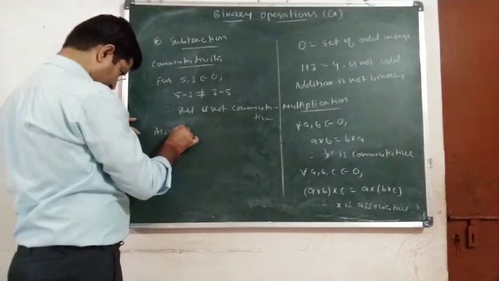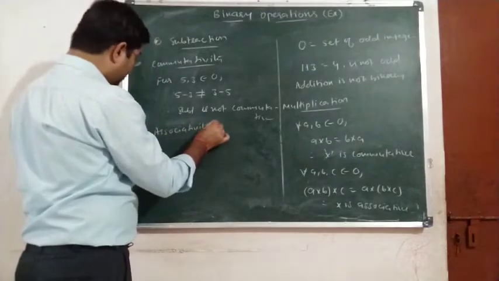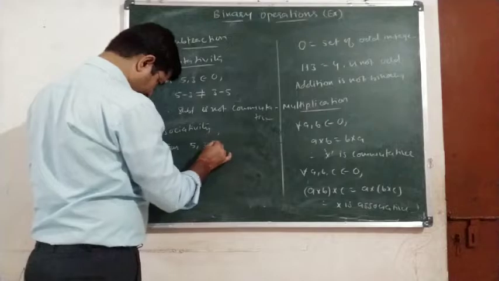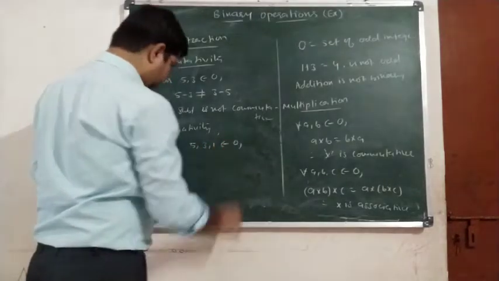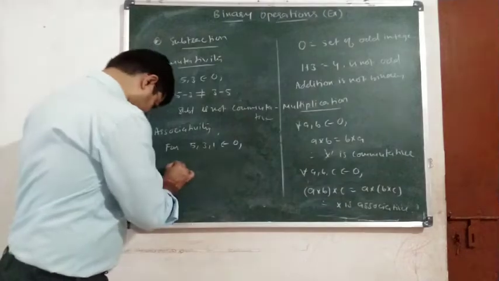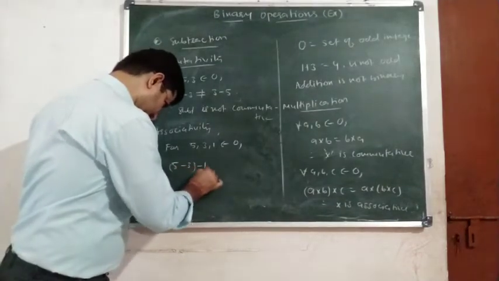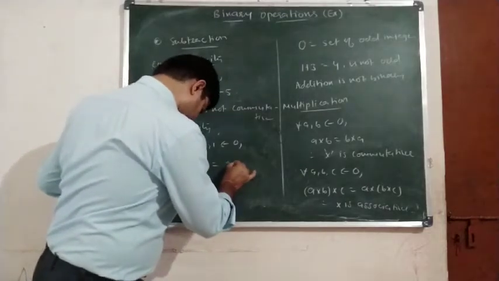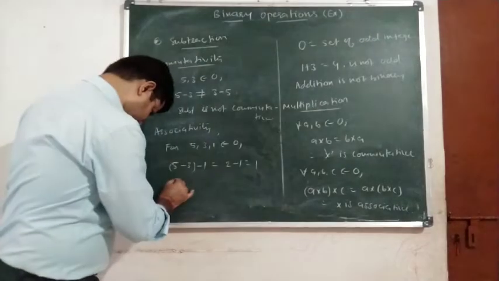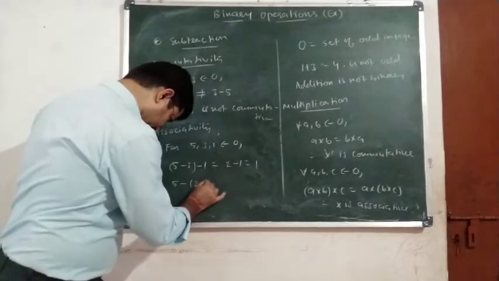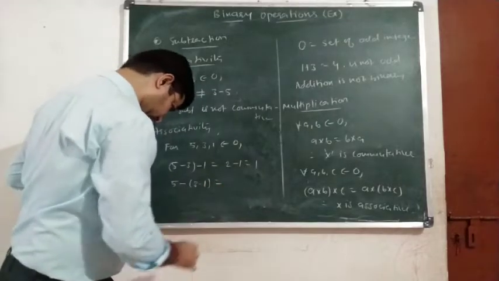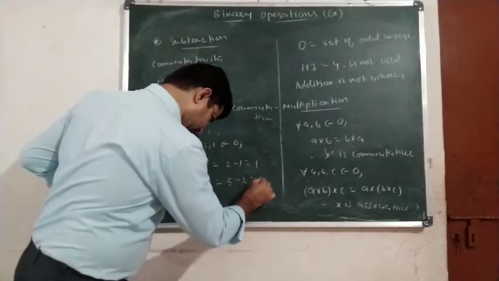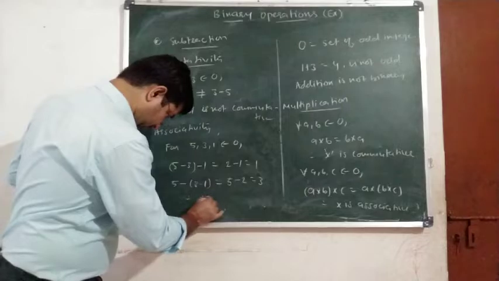Now associativity. Okay, for 5, 3 and 1 belonging to O, (5 minus 3) minus 1 is equal to 5 minus 3, which is 2, then 2 minus 1 is equal to 1. And 5 minus (3 minus 1) is 5 minus 2, which is equal to 3, and therefore 1 is not equal to 3.